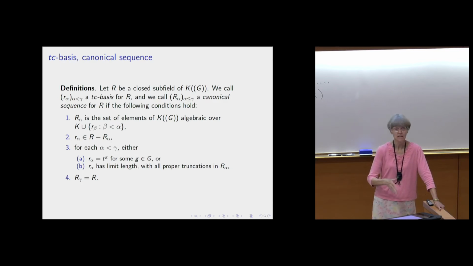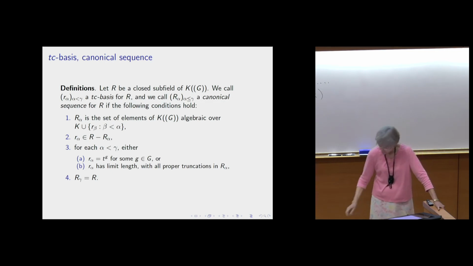And we end with R_gamma equal to R. This definition is motivated by a result of Mourgues and Ressayre, in which they show that every real closed field has an integer part, a discrete ordered subring that's appropriate for the range of a floor function. What they did was take an arbitrary real closed field and embed it in a special Hahn field, and they had to form a basis with this feature. So this notion came from their construction.